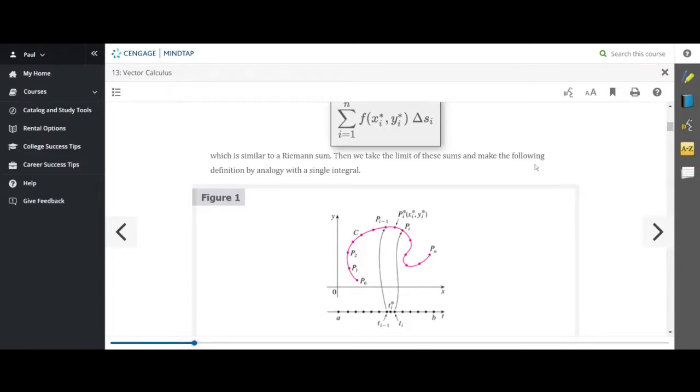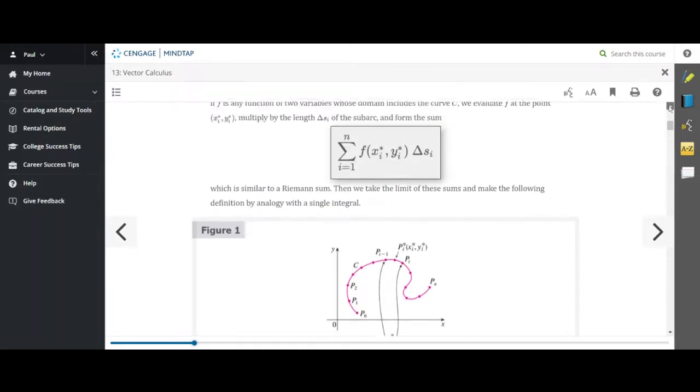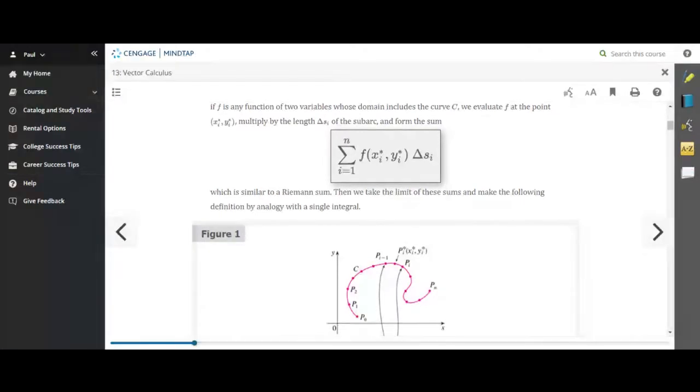So what I'm trying to say is this sum here would resemble the area of a curtain along that curve C or arc C, because the function value is a height and delta s is an arc length.